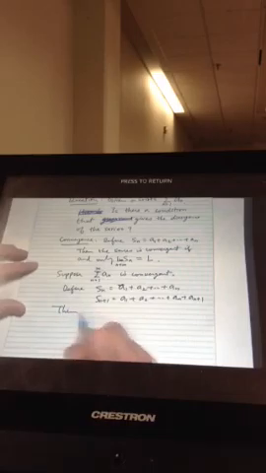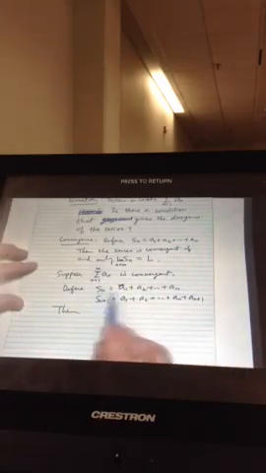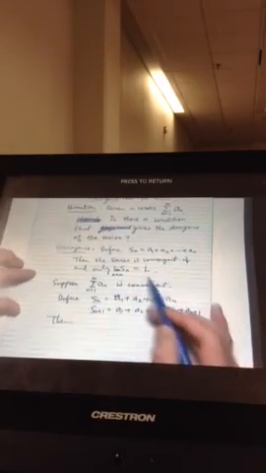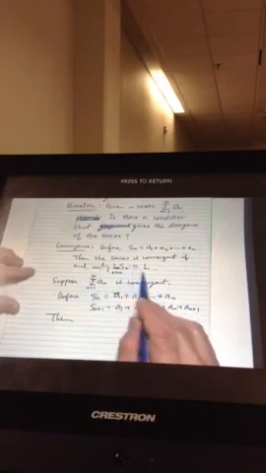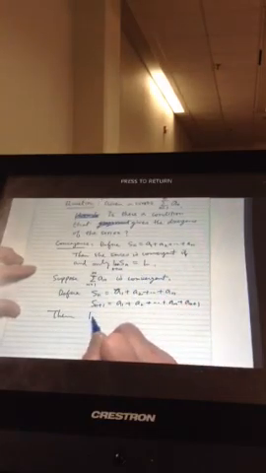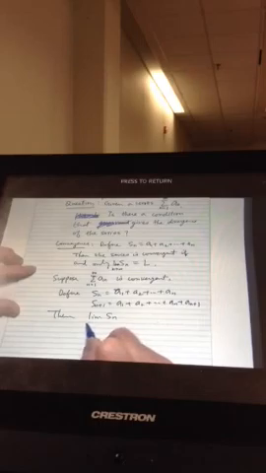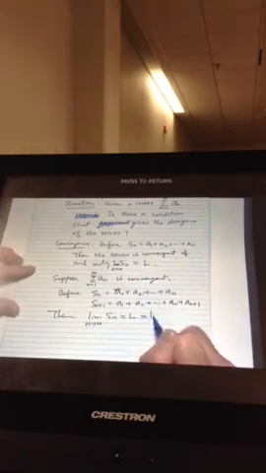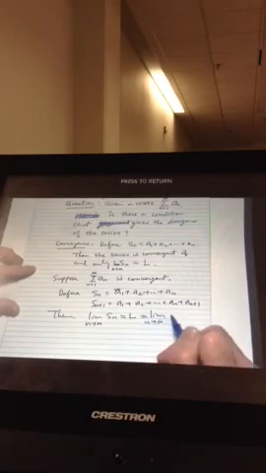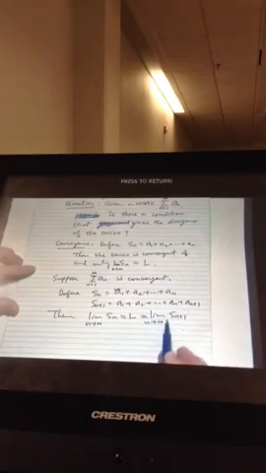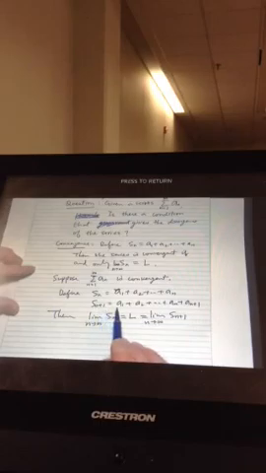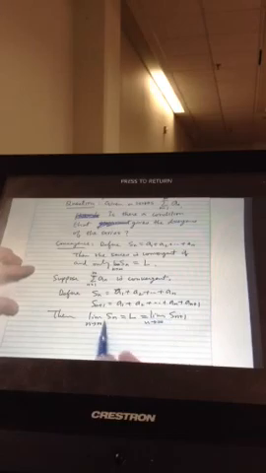Because the series is convergent, the sum is unique. So the limit of S sub n is L by definition, but the limit of S sub n plus 1 should also be L, because this also means adding infinitely many terms. So this and this should be the same.